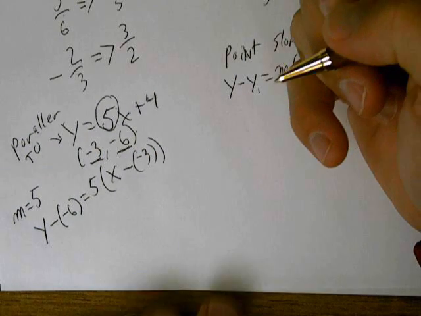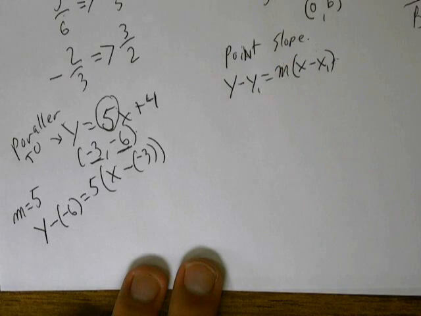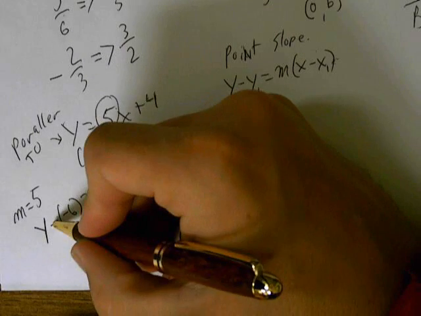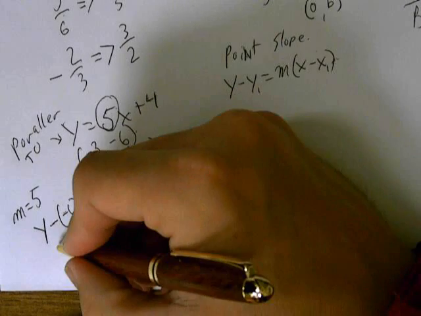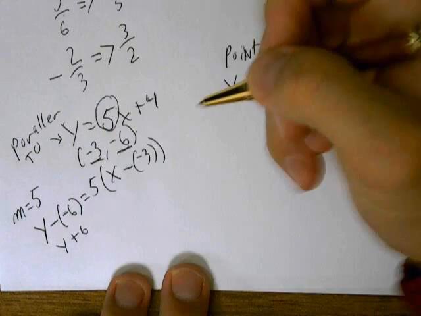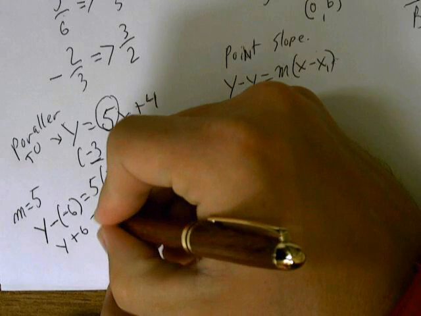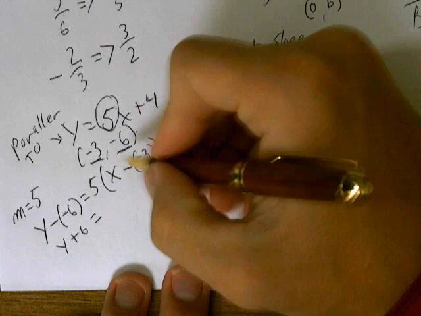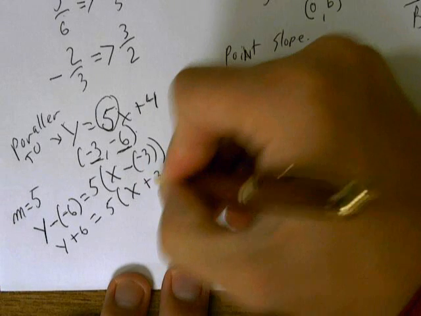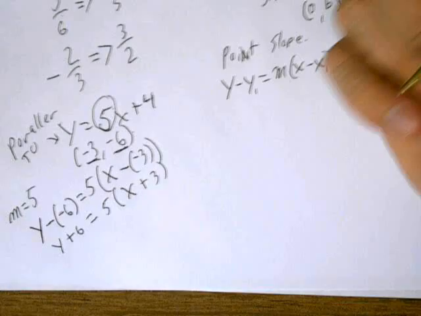So I've got an equation, but they want it in slope-intercept form, so they want it to look like y equals mx plus b, so I've got to do a little bit of algebra here. First here, I'm going to simplify this into y plus 6, right? Minus -6 is the same as plus 6, equals 5 times the quantity x plus 3. So I simplified this the same way.